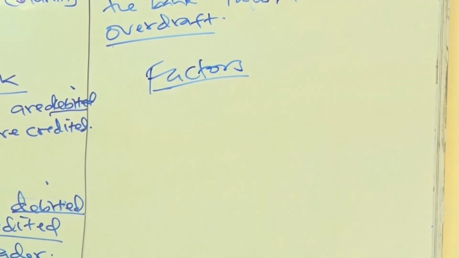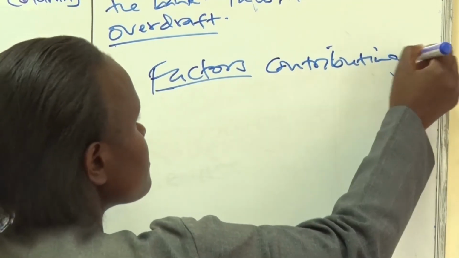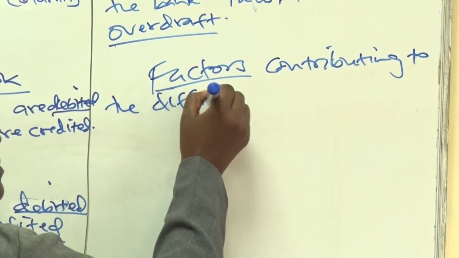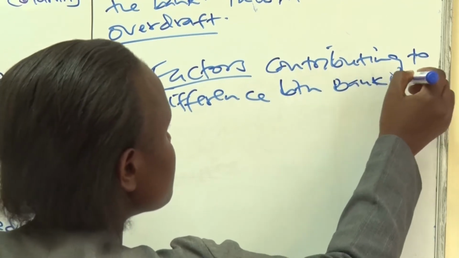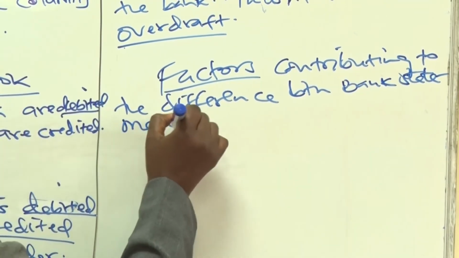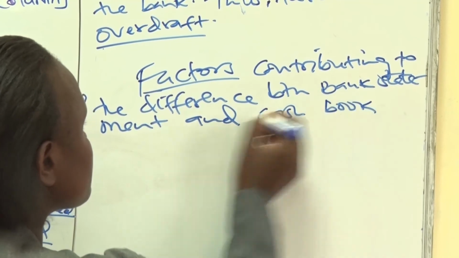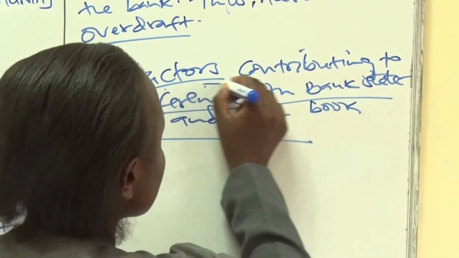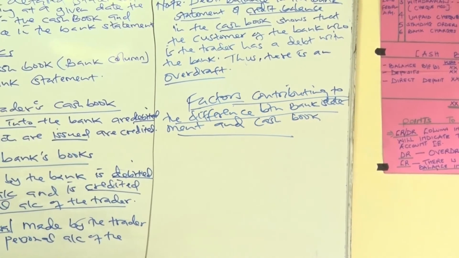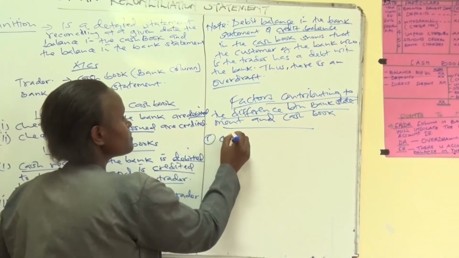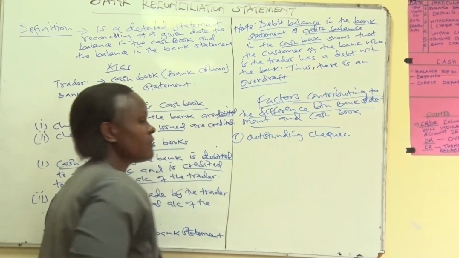So the factors which contribute to the difference between the bank statement and the cash book. So we have the outstanding checks.